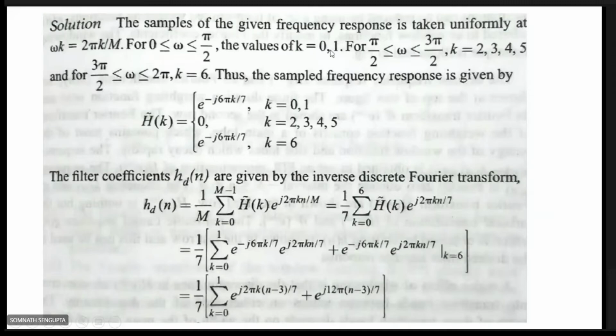The points are 0 and 1. 0 is always there, and 1 means 2 pi by 7. 2 pi by 7 is within pi by 2, it is less than pi by 2, so it is not 0.